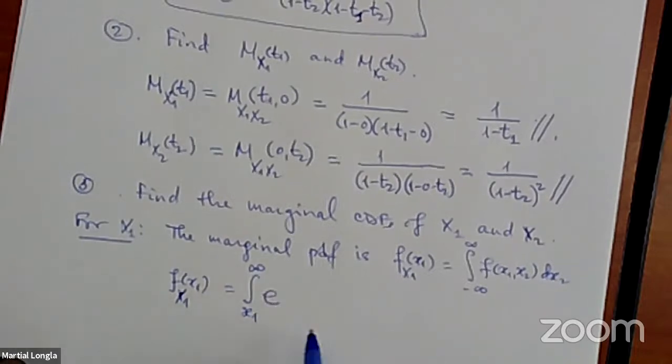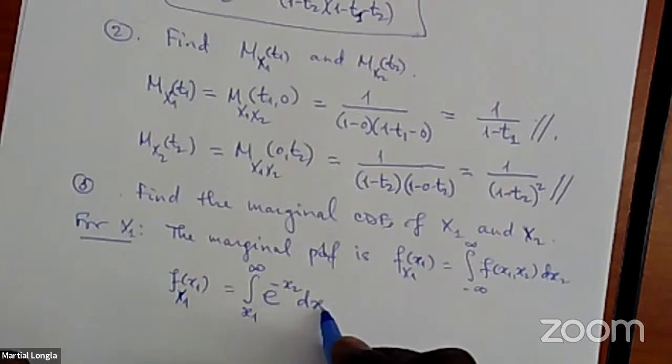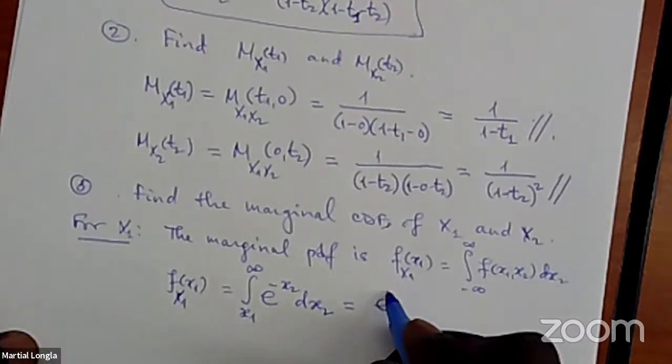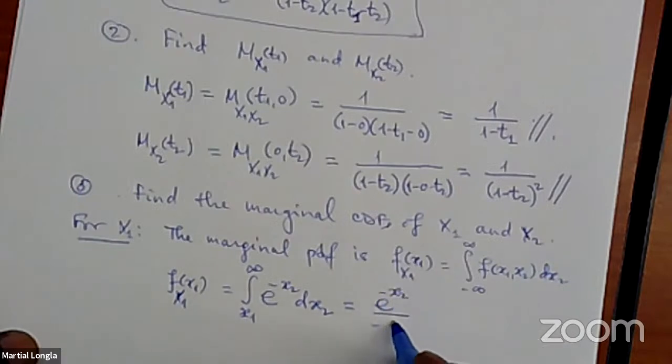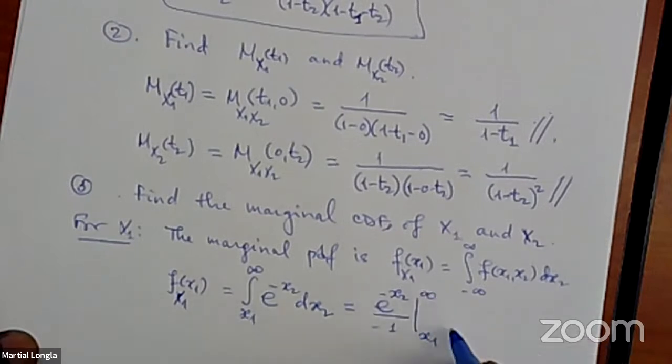And then it's e to negative x2 dx2. And now you can integrate this. It's e to negative x2 over minus 1 from x1 to infinity.